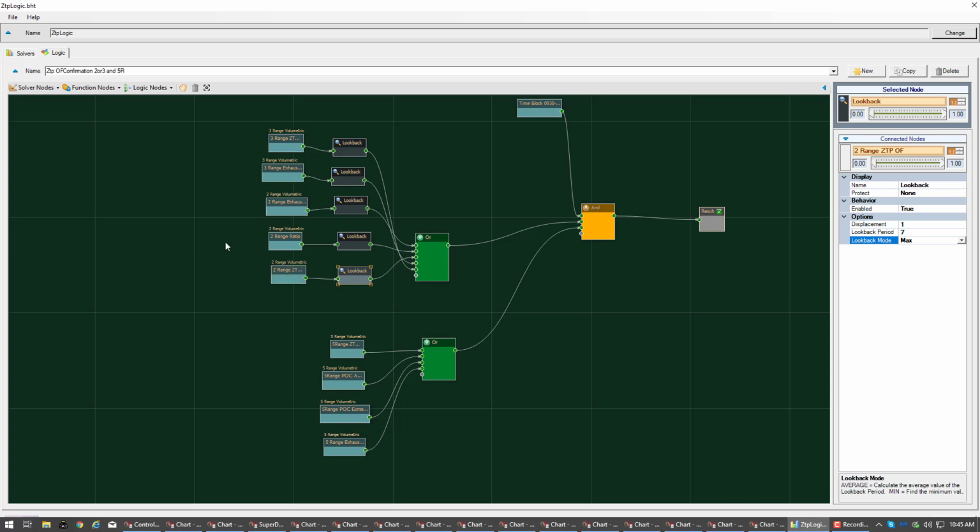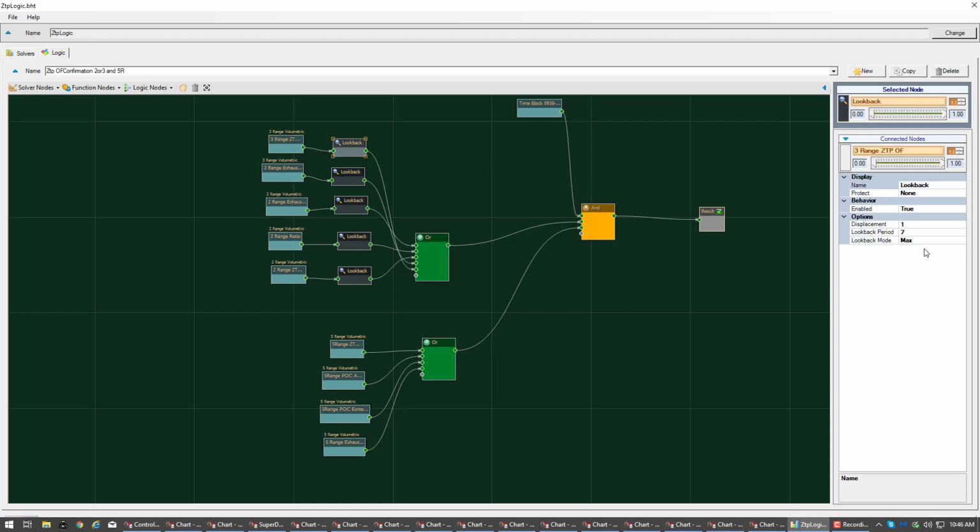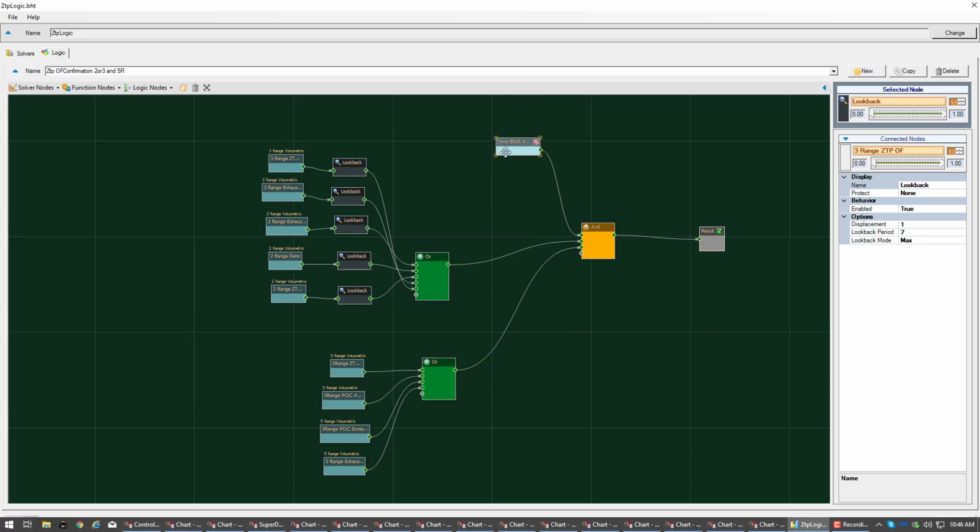We only want to see what the max number was, which means that if we had one signal from this solver here, that would have given us a 1, and that is the number we were looking for. So we have a true signal here, and we have a true signal here, and we get our result.